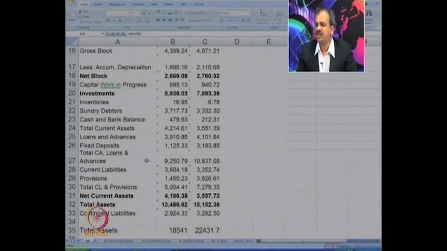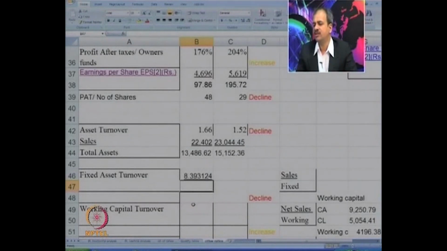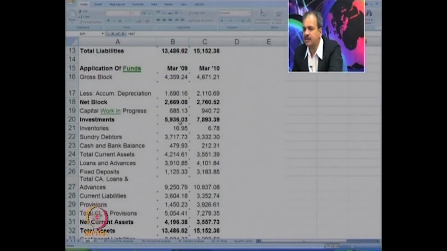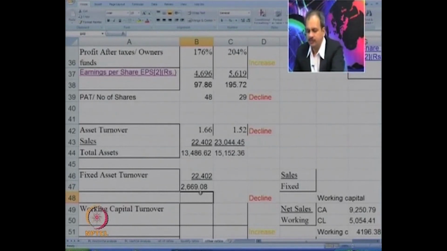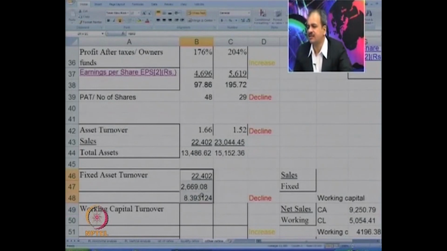In the balance sheet, we have two figures. We have gross block and net block. Generally, we take net block, which is the current value of fixed assets. So, sales is this divided by the fixed assets, wherein we take net block. So, the ratio is sales upon fixed assets.